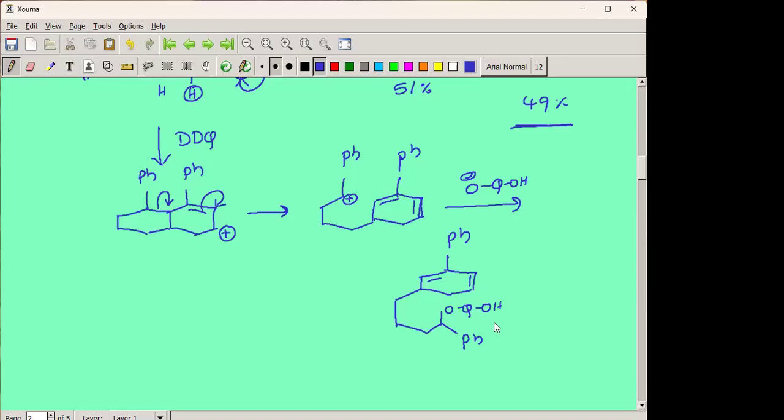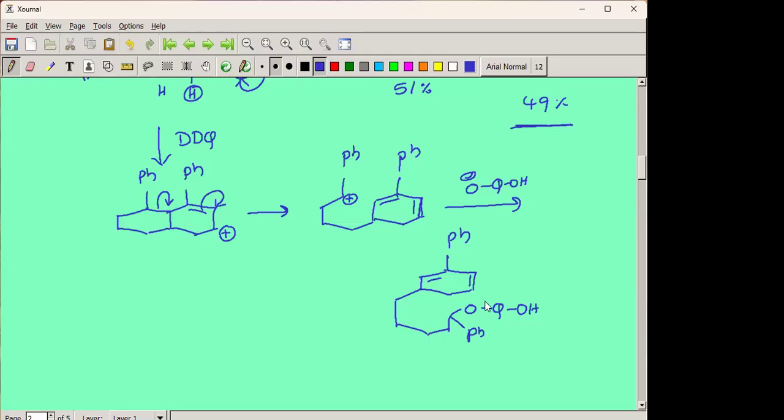So this is a cyclic structure that will be formed here. So this is the product we get. This is the pH, as well as this group OQOH. This is formed.